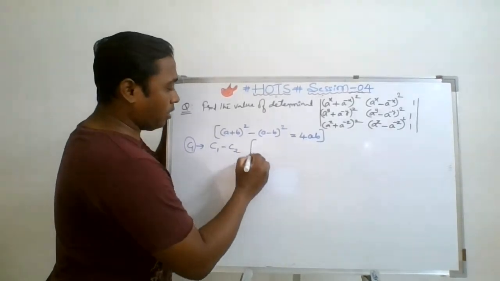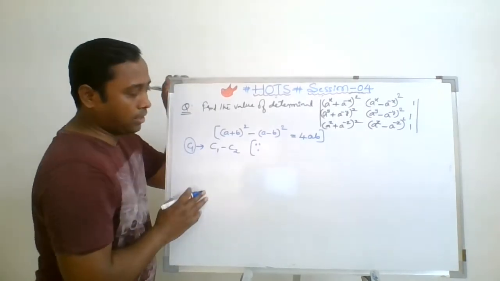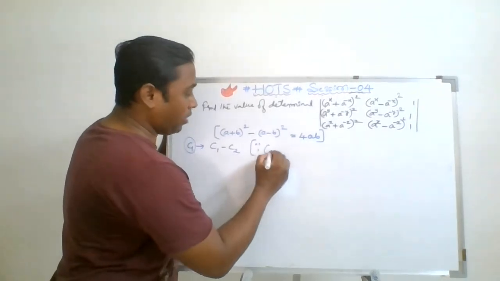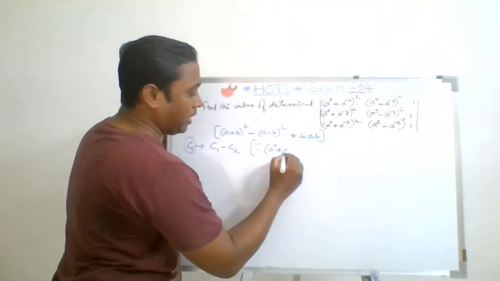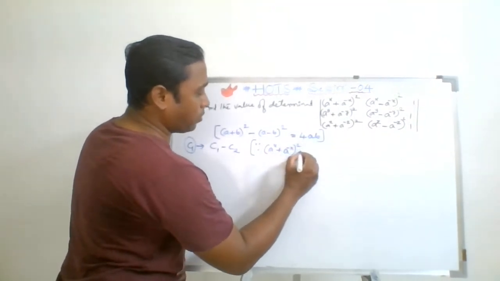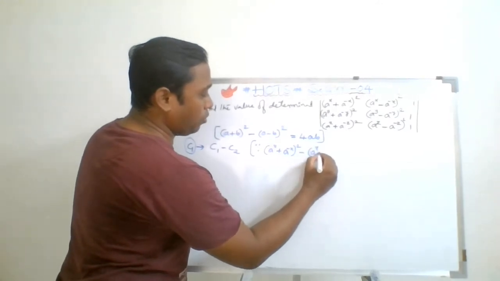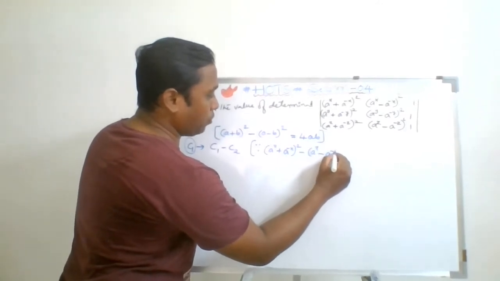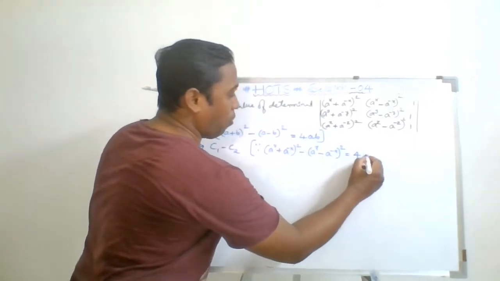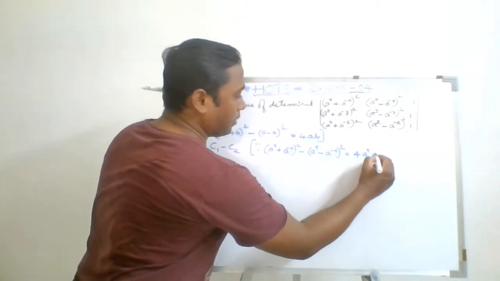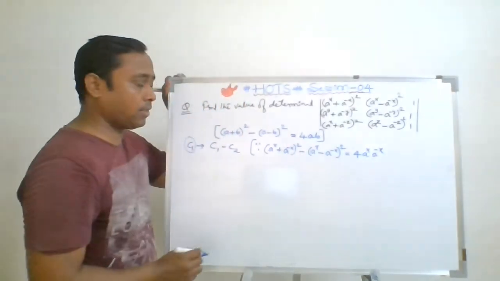I am just showing the rough calculation first, then I will write the determinant. If I do that, solving the first factor: a to the power of x plus a to the power of minus x whole square minus a to the power of x minus a to the power of minus x the whole square, which will be 4 times a to the power of x into a to the power of minus x.